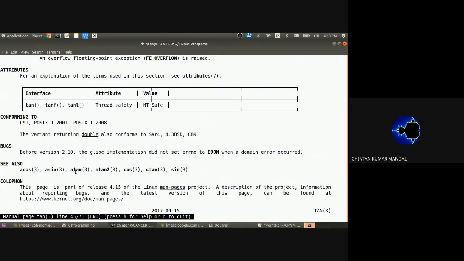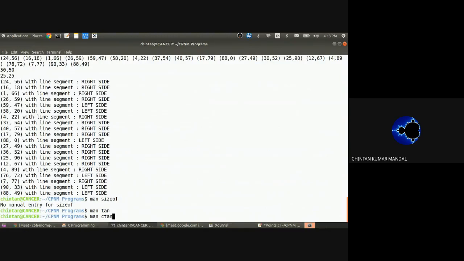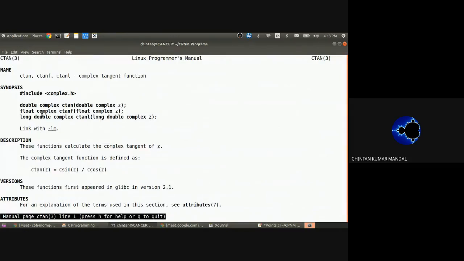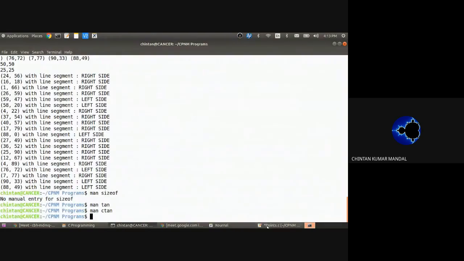Arctan is there, and a complex tangent function. So what will you do?